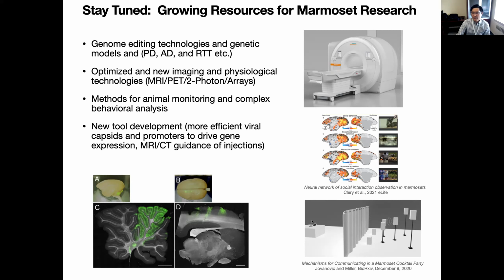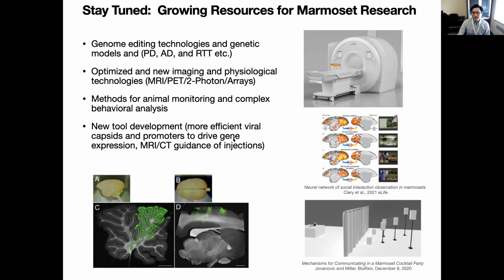Marmosets are very vocal animals, and they have all different types of calls and vocalization patterns, but are very good at deciphering communication between other animals. So this is a very interesting study using the marmoset model to understand social and communication behavior. And it's believed that humans might be using the same type of brain circuitry and computations to solve this cocktail party problem.